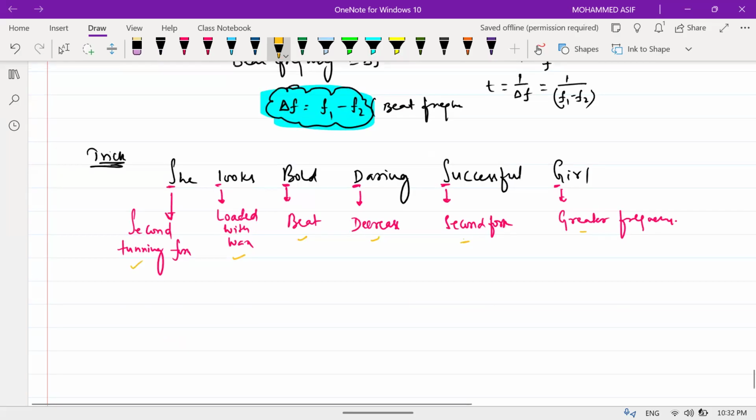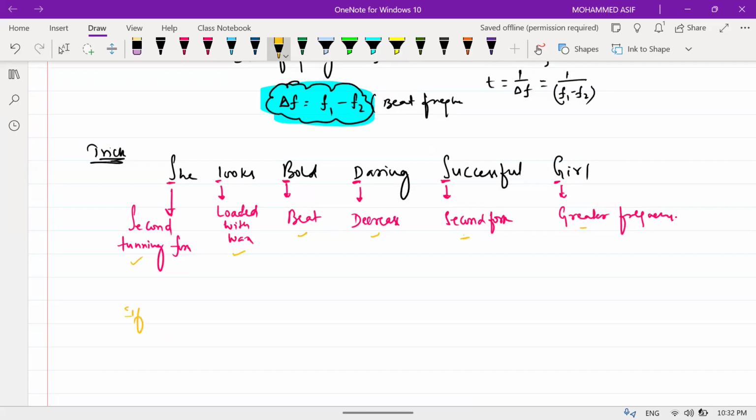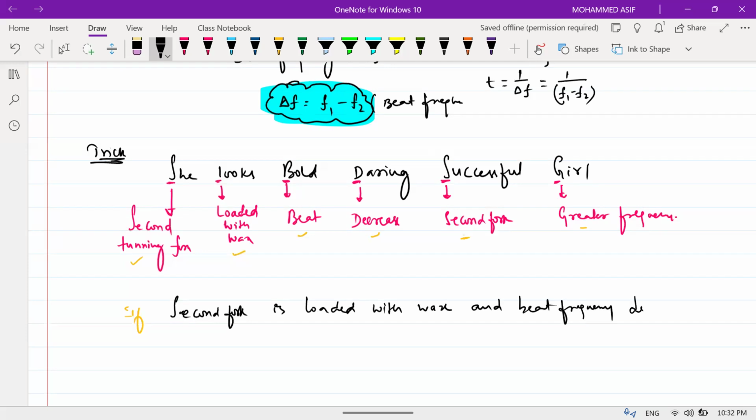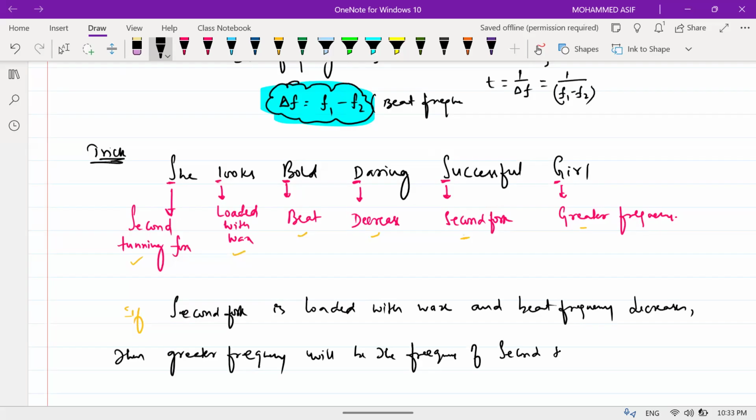If the second fork is loaded with wax, and the problem says the beat frequency decreases, then the greater frequency will be the frequency of the second tuning fork. Am I clear with this one?